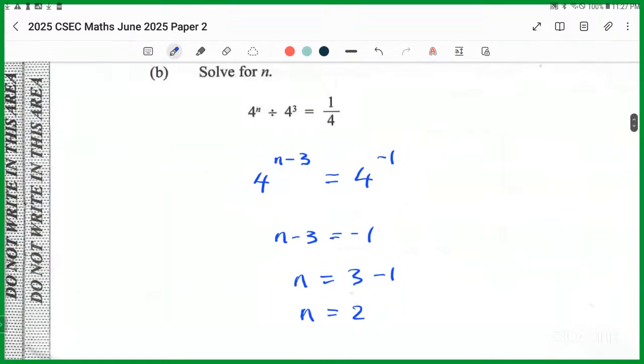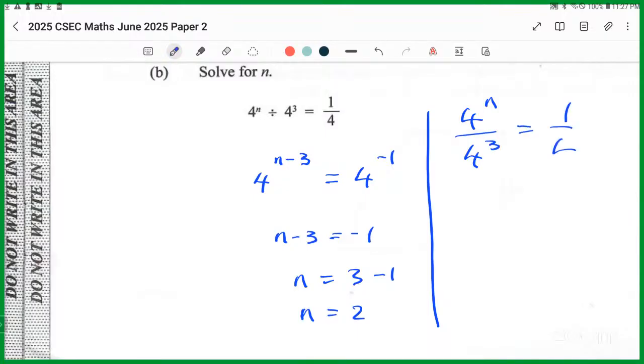I'm thinking of if there's another way to do it without using that negative 1. Let me see. We could maybe write this as a fraction: 4 to the n over 4 cubed equals 1 over 4.